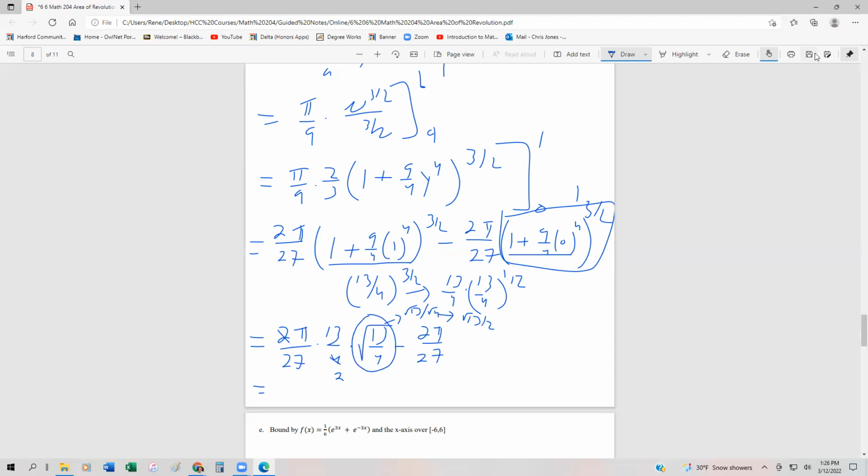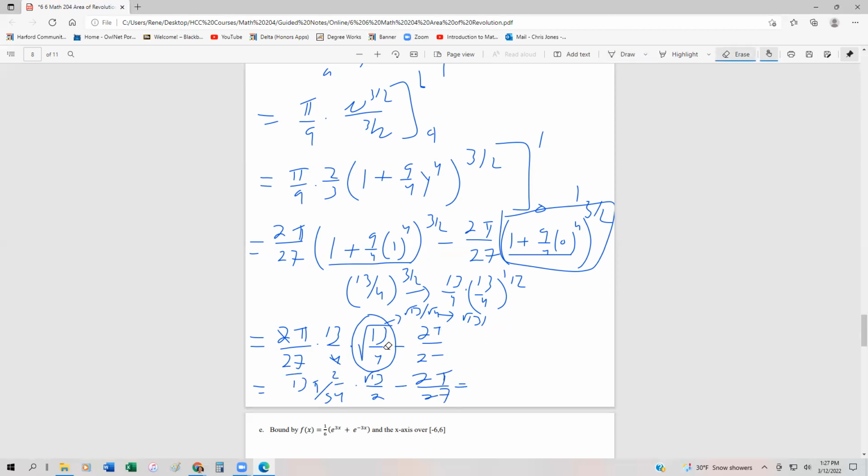All right, so with just a little bit more simplification, right, this is going to turn into 13 pi. We have the 27 and the 2, which is 54, right, times root 13 over 2, and then minus 2 pi over 27.